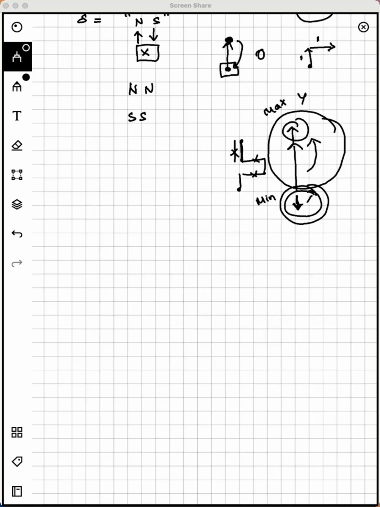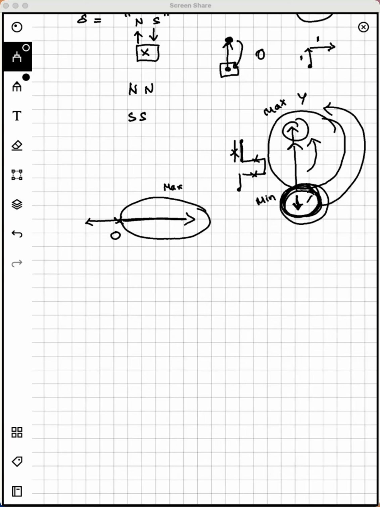If the minimum is allowed to be adjusted, I want to take this and put it here. Same way for the x-axis. Let's say this is the origin. I want to find the maximum, and then I also want to look at the minimum that I have in the opposite direction. And if my k allows, I want to take this and put it on the maximum side.